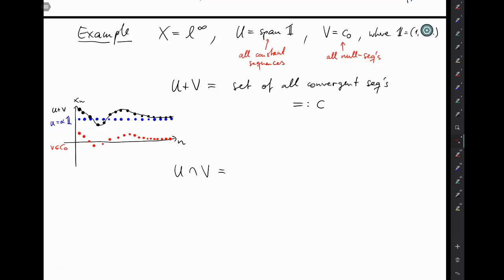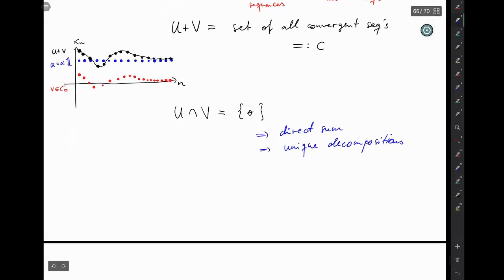So this constant must be 0, and therefore the only element there is the constant 0 sequence, which is exactly what we call the null vector, the null element in L infinity. So yes, it's a direct sum. And in particular, every decomposition of a convergent sequence into a constant sequence and a null sequence is unique.